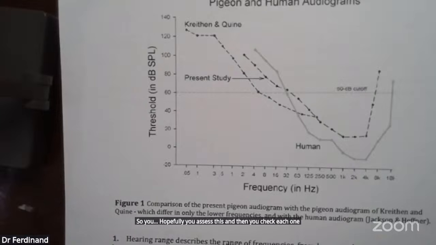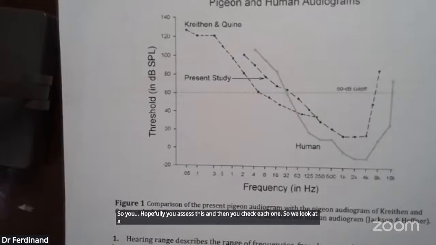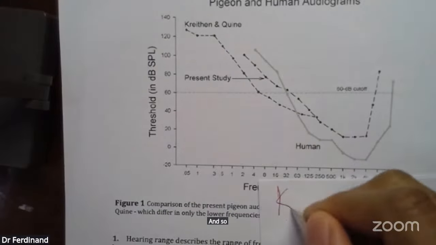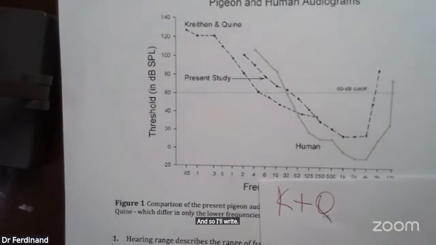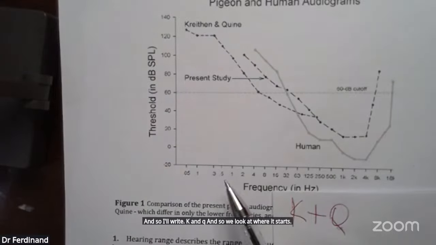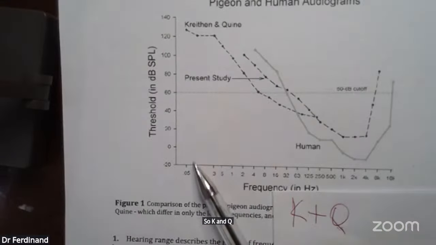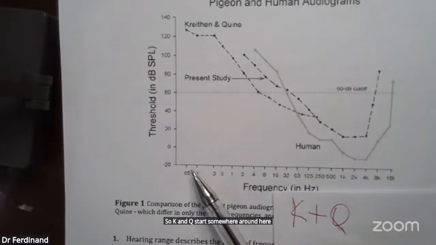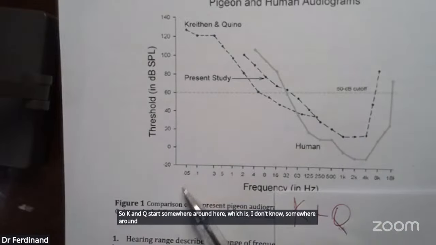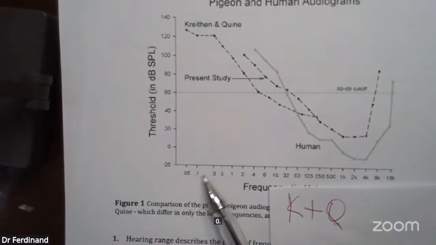So we look at A, and we look at pigeons from the K and Q study. So I'm just going to write that here. And so I'll write K and Q. And so we look at where it starts. So K and Q starts somewhere around here, which is, I don't know, somewhere around 0.05, or it's less than 1.